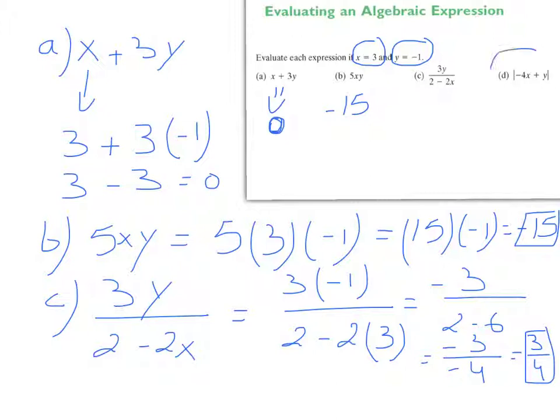Here we have d. Now d, the absolute value of -4x plus y, where x is equal to 3 and y equals -1.